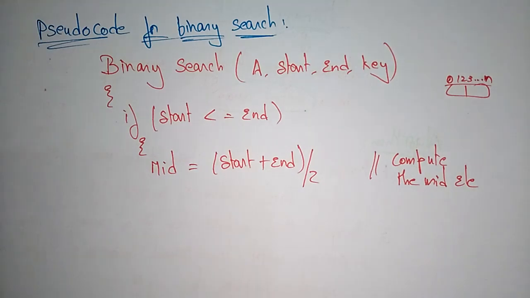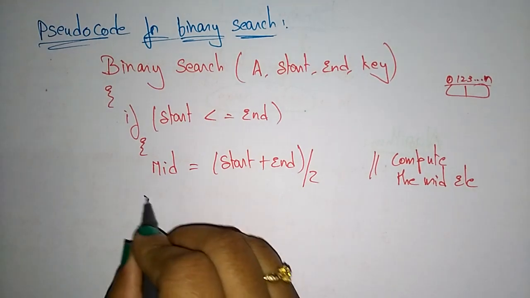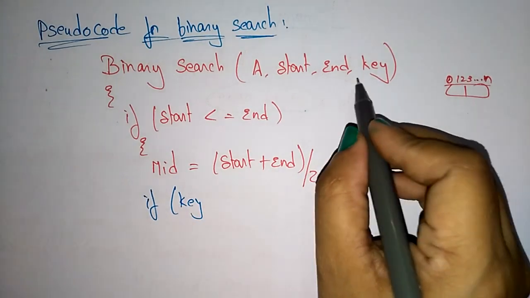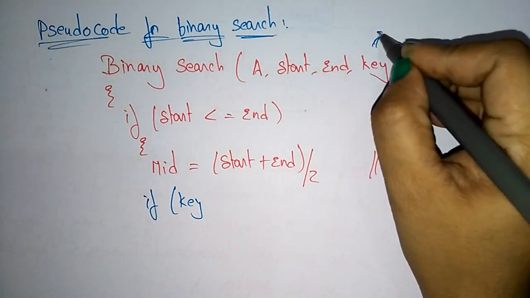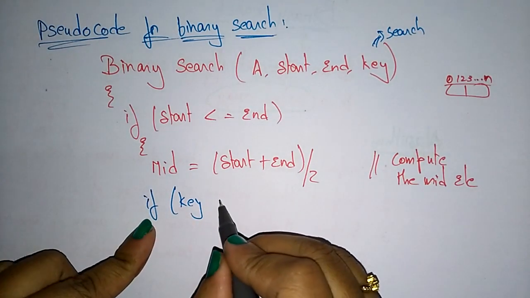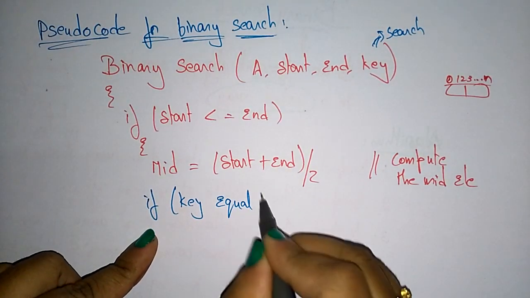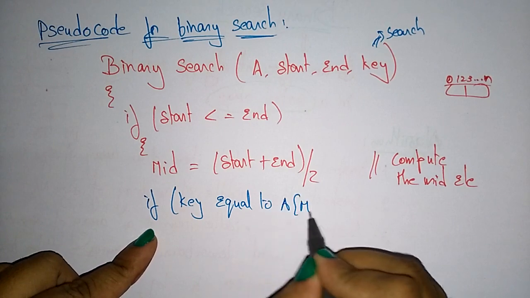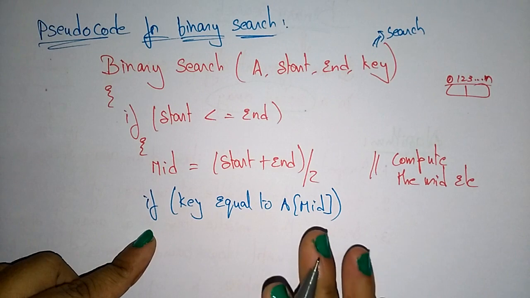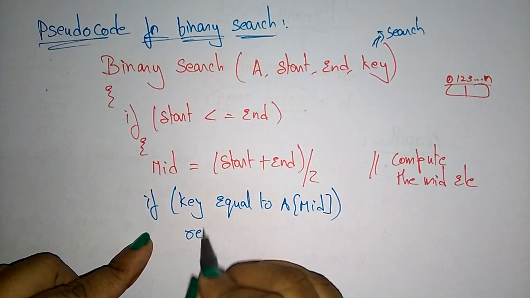Okay, so if key, the search value, is equal to A of mid, meaning the middle element we computed equals the key value, then simply return mid.